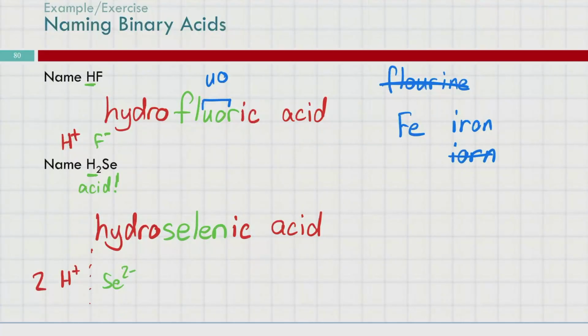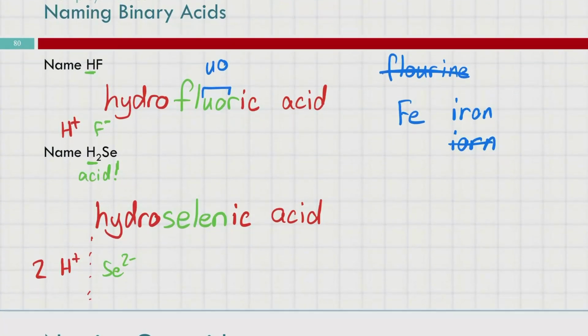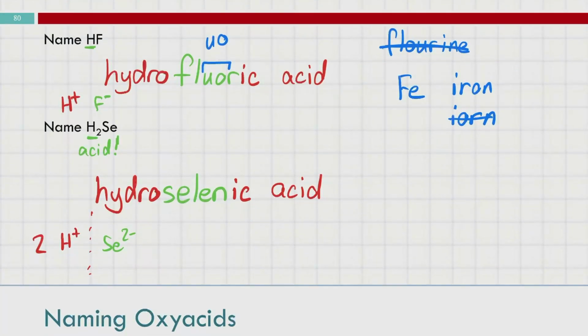So to get things all balanced out, we need two H+ to balance out the Se2-. So it's sort of like putting together an ionic compound, but because it's only nonmetals, it's a molecular compound. It's just that acids also dissociate when they go into water or dissolve into other things. So that's the reason that we've got two hydrogens there instead of just one.